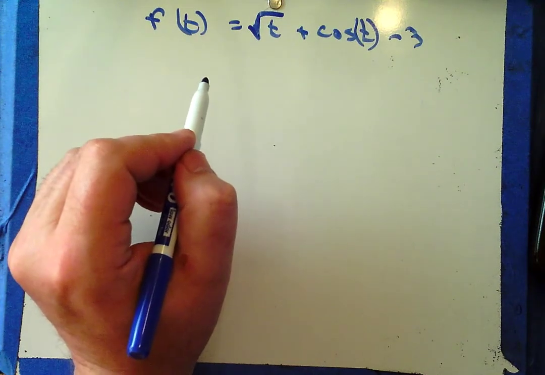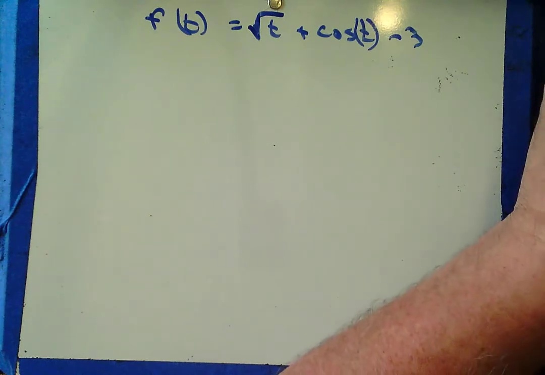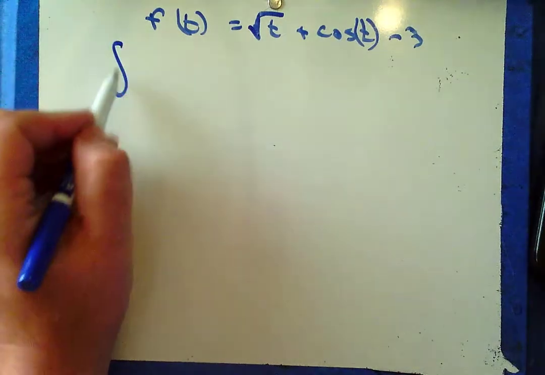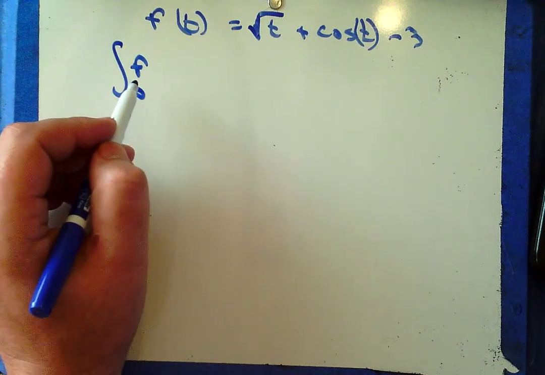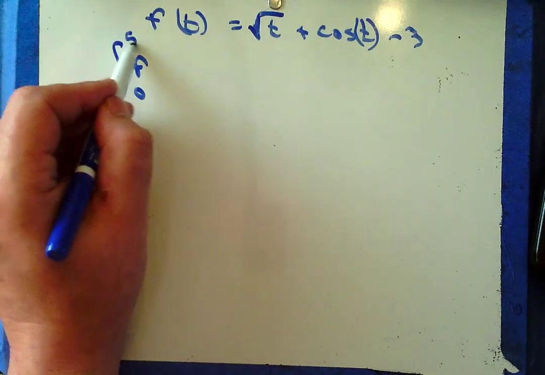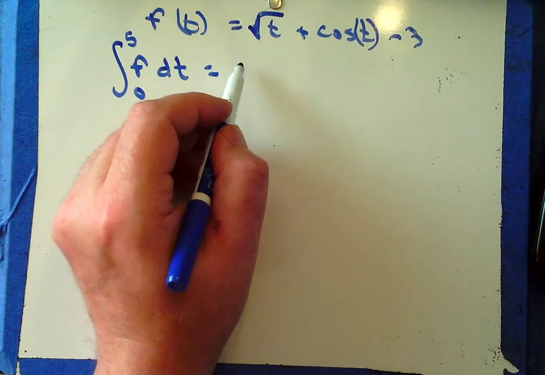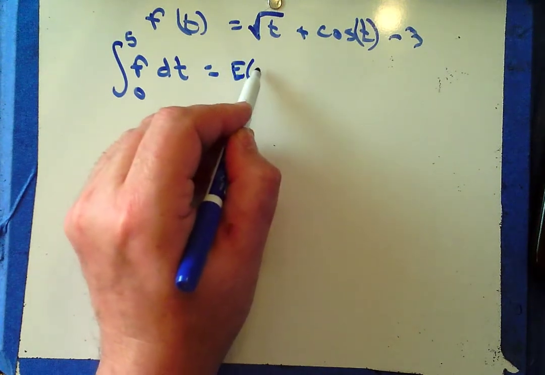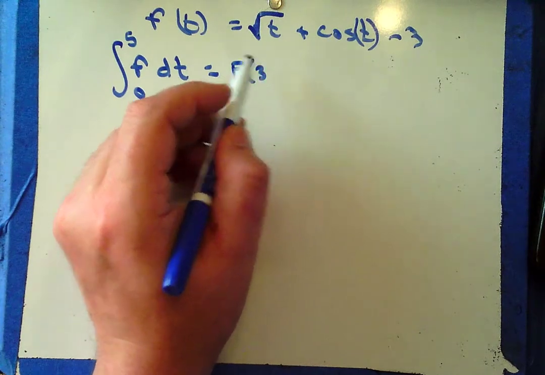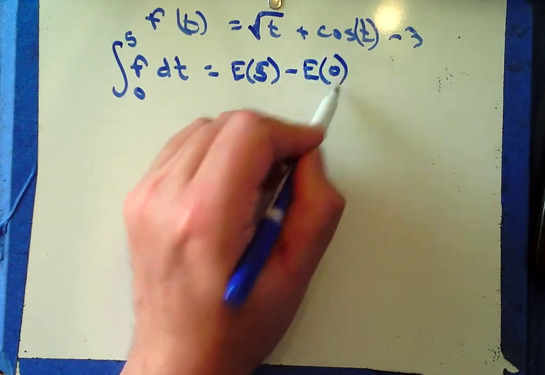At what time is the distance between the road and the edge of the water at the end of the storm? So if I integrate f from 0 to how long is the storm? 5 hours, dt. That's going to be the edge at 5 minus the edge at 0.